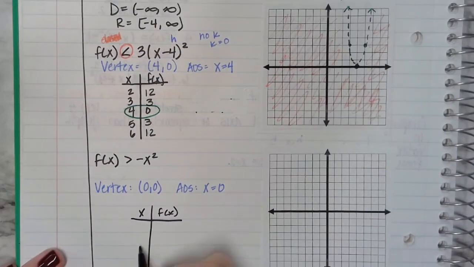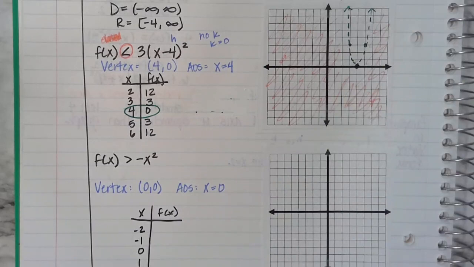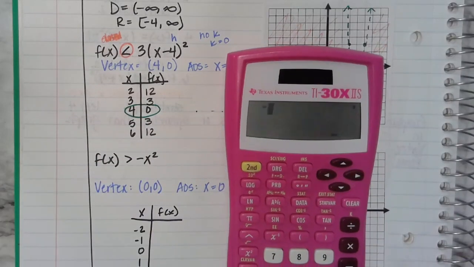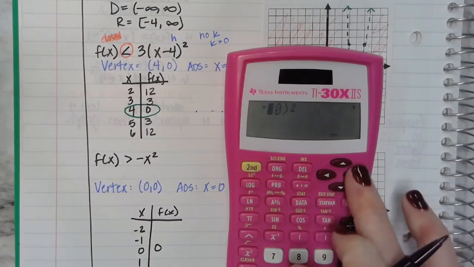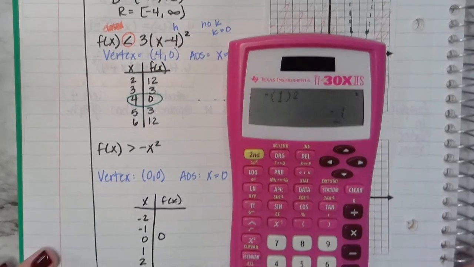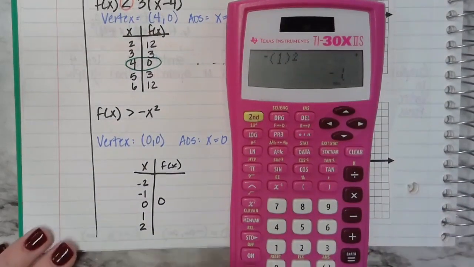Okay, 0 in the middle, 1, 2, negative 1, negative 2. If I plug in a 0 into this function, let's see what I get. Negative, in parentheses, 0 squared. I'm going to get a 0. Now let's plug in a positive 1. I'm going to get a negative 1.